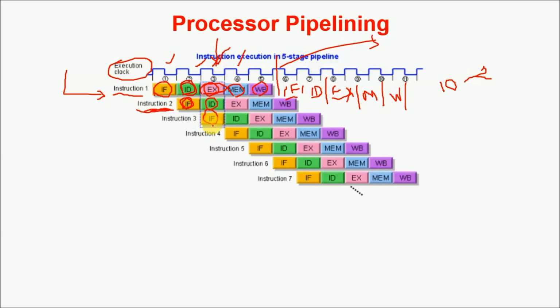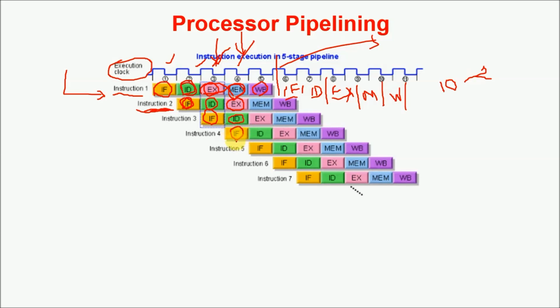In the fourth clock pulse, the first instruction enters the memory access stage. The second instruction is executed in the instruction execution stage. The third instruction enters the instruction decode stage, and the fourth instruction enters the instruction fetch stage.